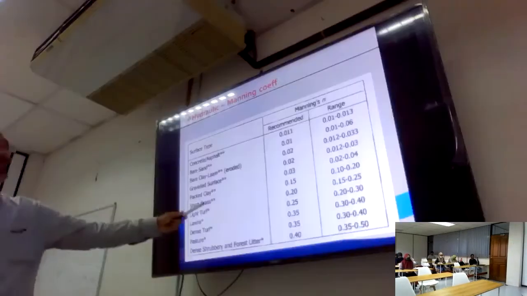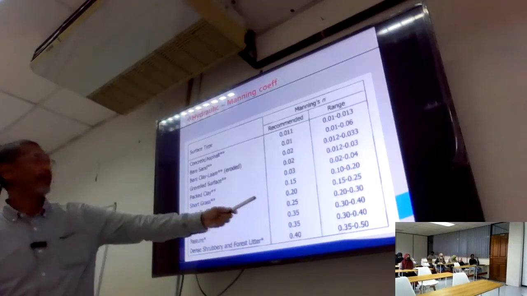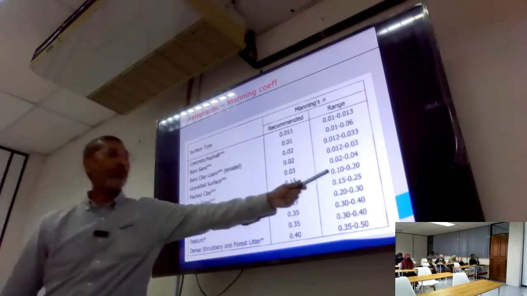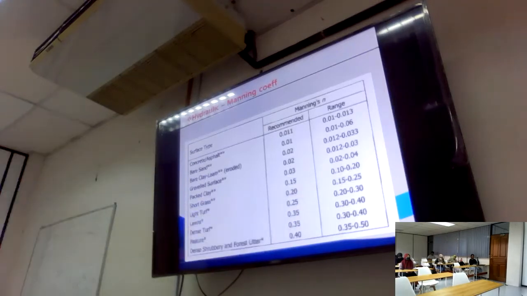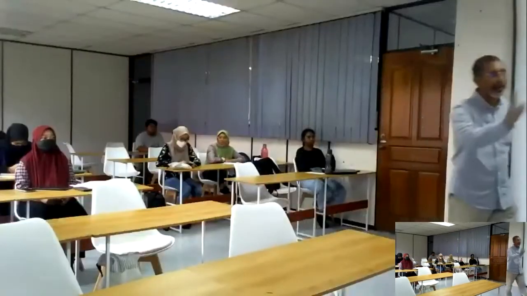So that is 0.013. Short grass, so 0.15 up to 0.2 for grass. So meaning they are a lot more resistant to flowing. The grass will resist the water flowing. So that is why the N is higher. So the N in that formula depends on the type of drain surface.